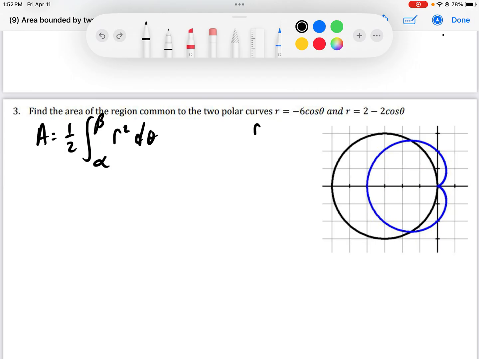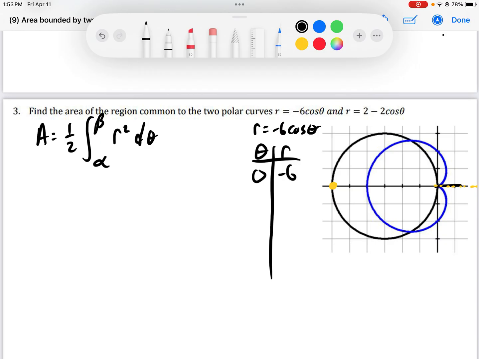All right, so next thing, let's just plug in some numbers. r equals negative 6 cosine theta. If theta is equal to 0, cosine of 0 is 1, and 1 times negative 6 is negative 6. The theta being 0 is over here, but the radius being negative means I put my dot way over there.